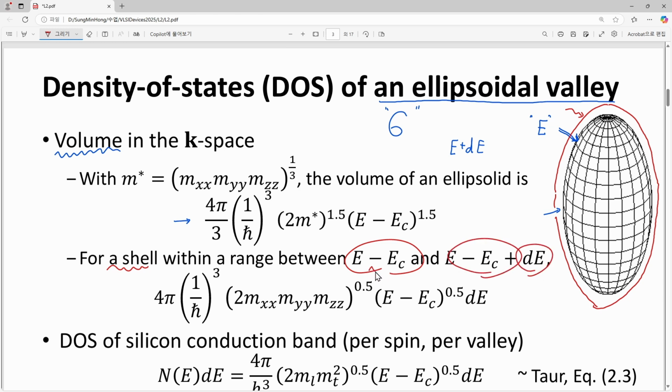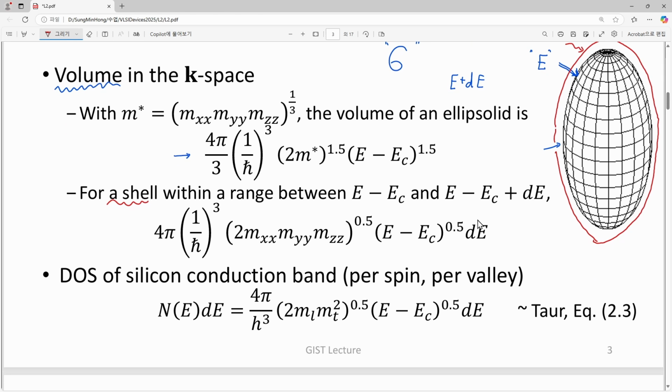Here we have minus EC, because EC, the conduction band minimum, is regarded as the starting point of our energy variable. Anyway, by doing this calculation, now we have this one. Simply speaking, you can just take the first order derivative of this with respect to the energy variable, then multiply by dE.